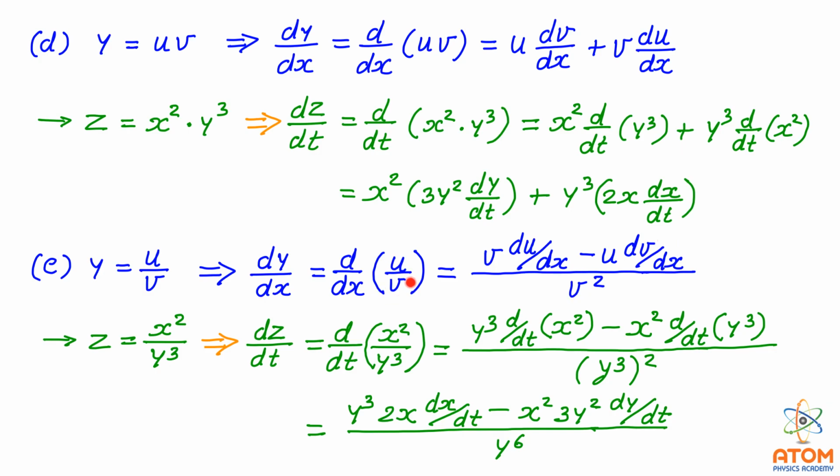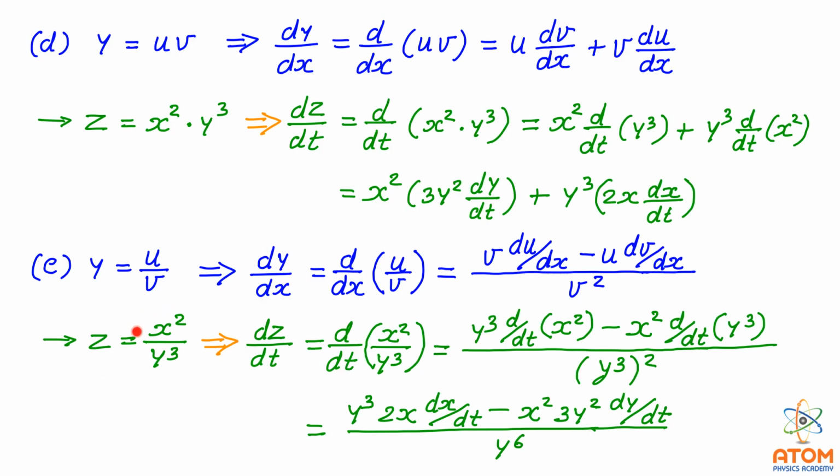See, this v is in the denominator. So denominator into differentiation of numerator, minus numerator into differentiation of denominator, upon square of denominator. Let us see one example for this.